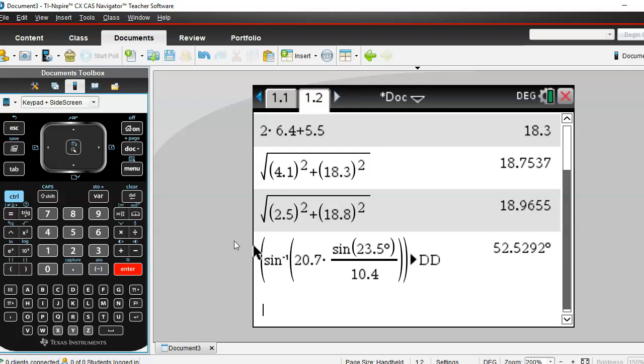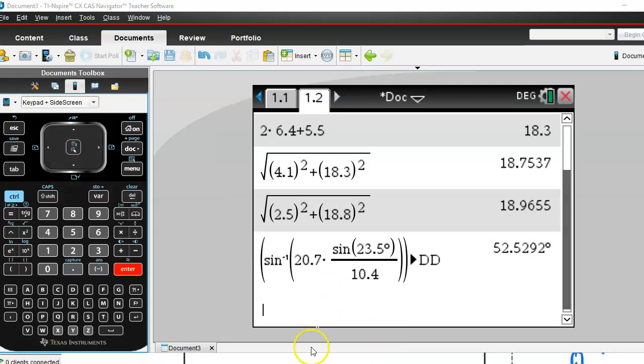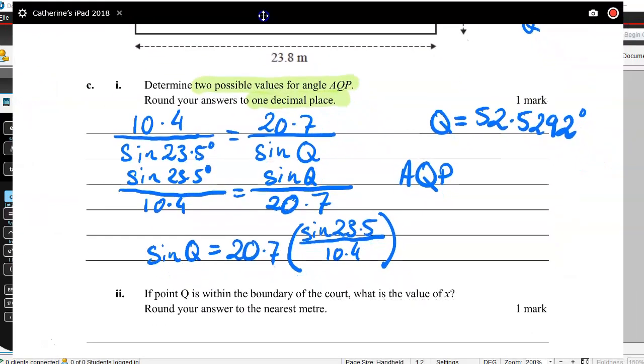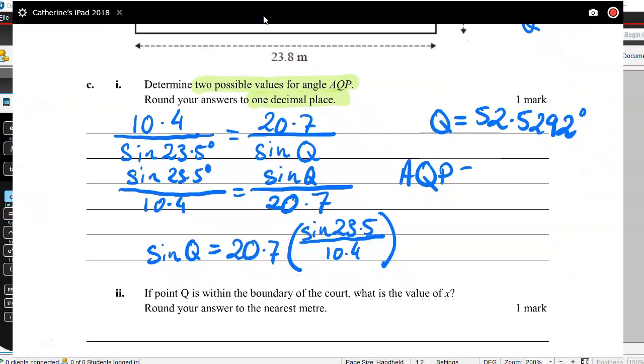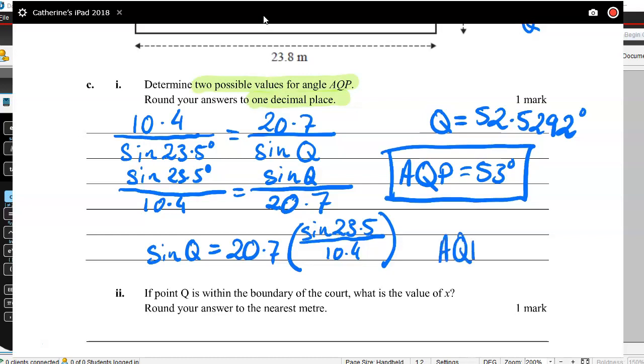So the first case, AQP, is going to be equal to 53 degrees. And the second one is 180 degrees take away 53 degrees.